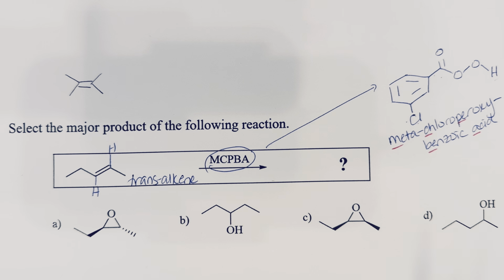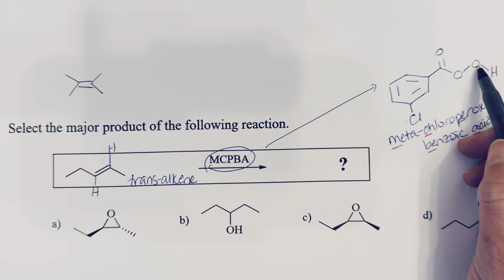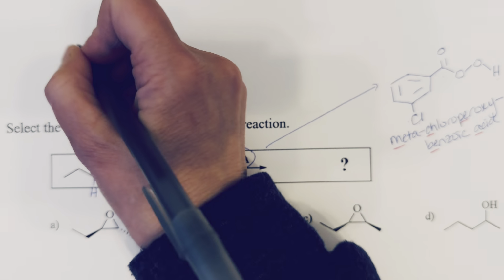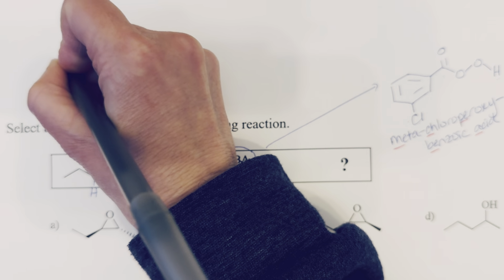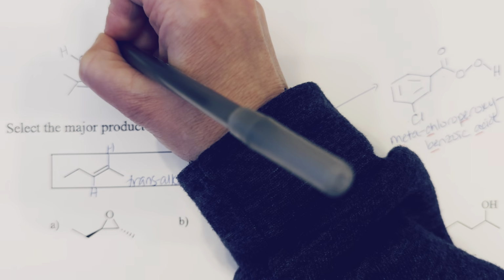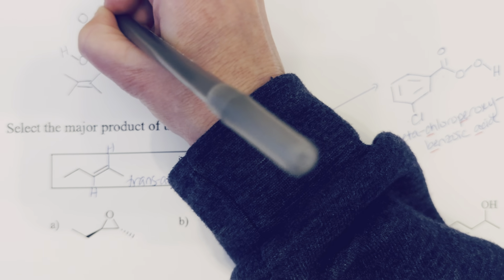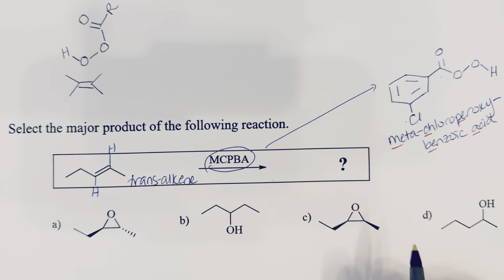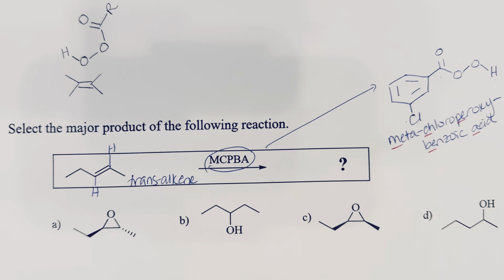So it is electrophilic, and we know by now that alkenes are nucleophilic. So I'm going to line up this oxygen with the alkene. So bear with me just as I draw this structure. So I've got my peroxide portion and the carbonyl, and I'm just going to use an R group. In this case, it is the benzene with the chlorine, but we could see other examples of peroxy acids.